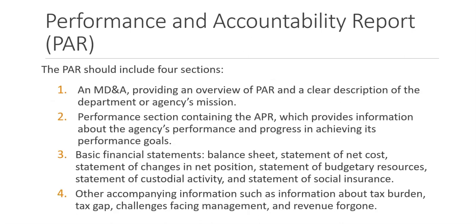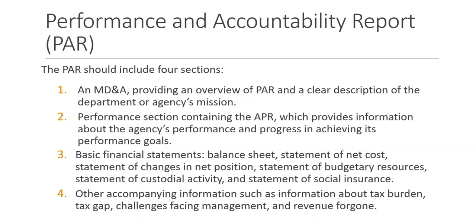The performance and accountability report includes an MD&A. It includes a performance section, which says, were they able to meet their goals? Were they efficient stewards of their resources? It includes copies of their financial statements.